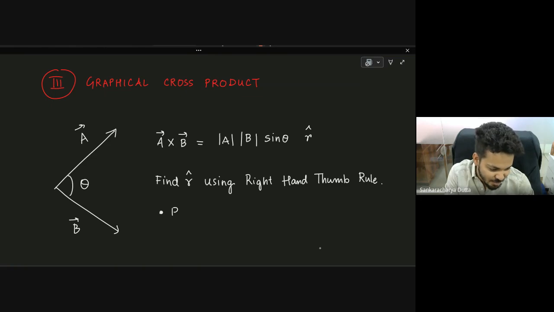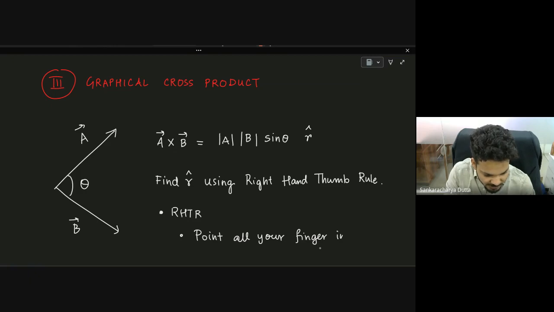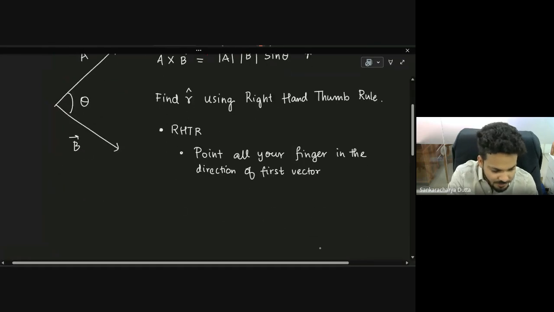So the right hand thumb rule goes something like this. Point all your fingers in the direction of the first vector. This is the first step.